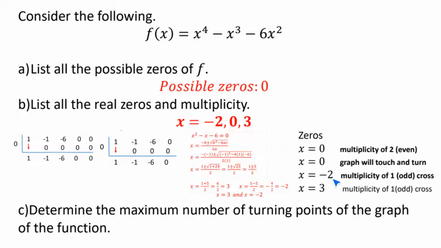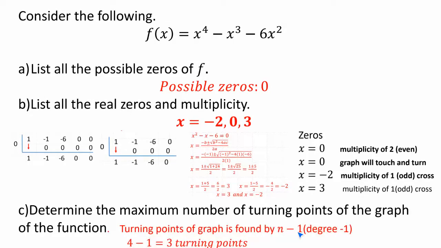The multiplicity of negative 2 is odd, so the graph is going to cross, and then it's also going to cross at x equals 3. The maximum number of turning points can be found by taking the degree and subtracting 1. So in this case, we should have at most 3 turning points.